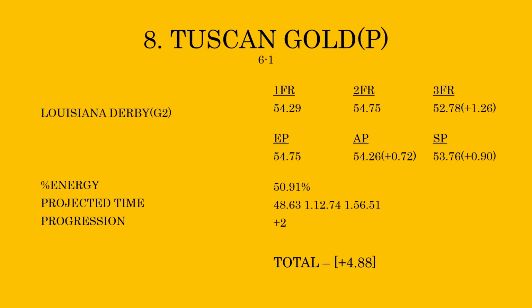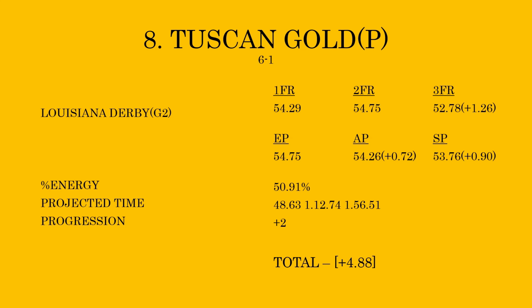I am expecting that he will be more forwardly placed. And just the fact that he could finish third running that efficiently, maybe he won't be quite as efficient if he has to run up near the leaders a little early, but it should tell us he probably is going to have something in the tank left. Moreover, because he's a Chad Brown, I think he's going to run a big one here, and that's why he gets +2.